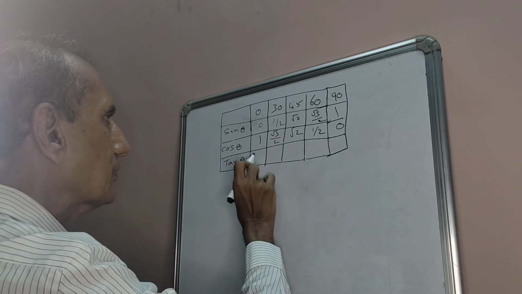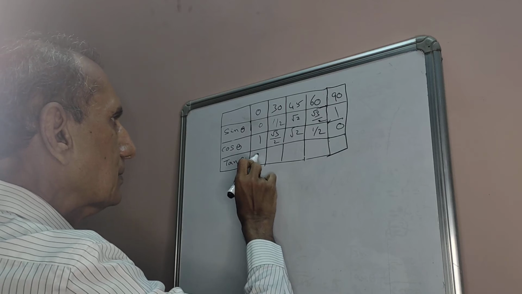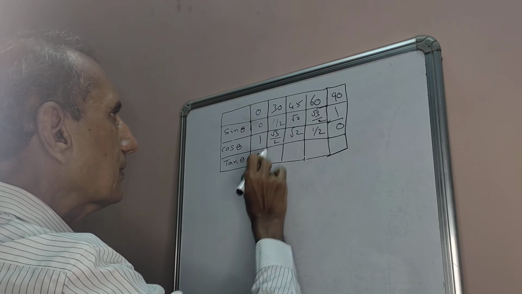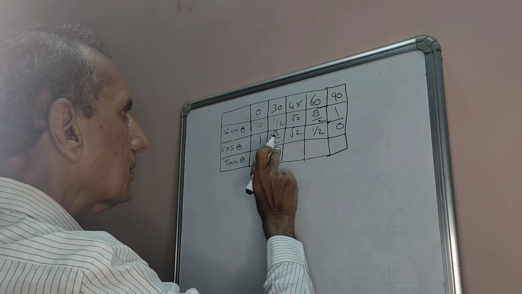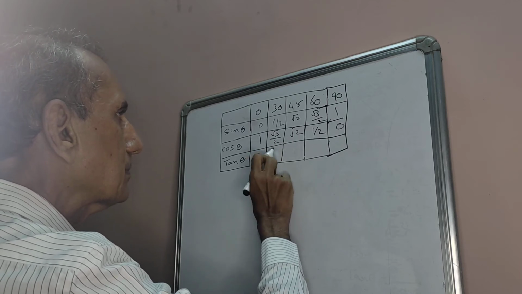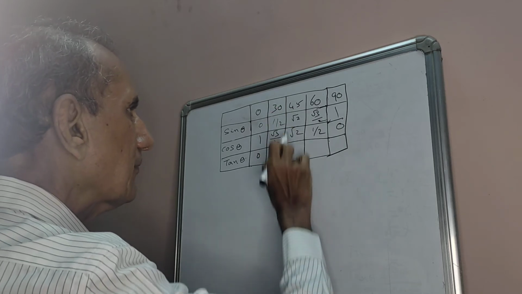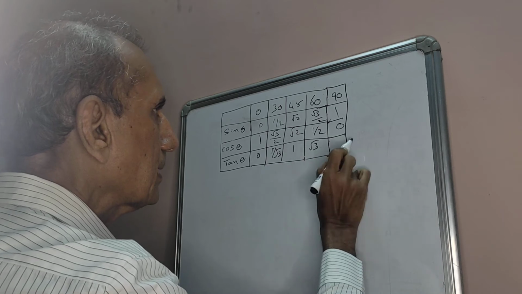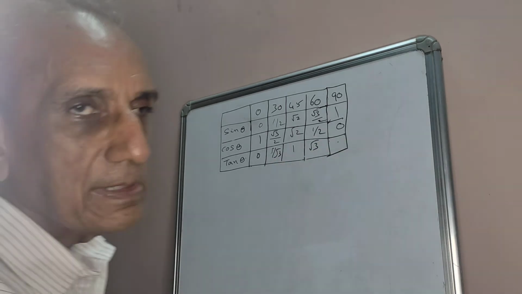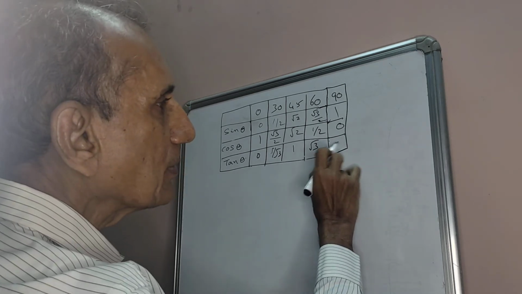So this is what? Sine by cos. Sine by cos is what? 0 by 1 is 0. Then 1 by root 3. Tan 45 is 1. This one is root 3. This is not defined, because you get 0 in the denominator.